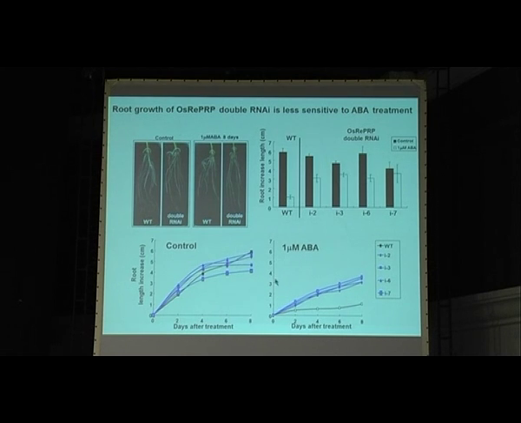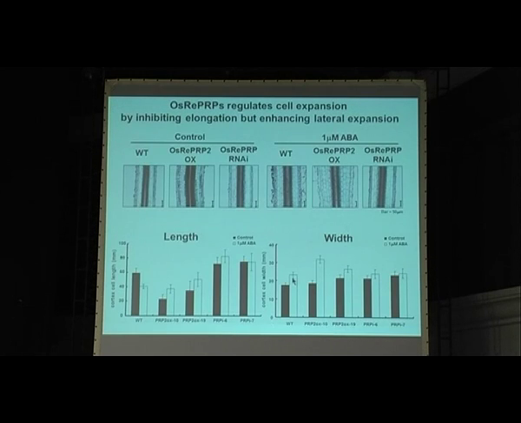If you overexpress this protein, the transgenic rice functions as if ABA is around or stress is around. If you knock down the expression of this protein with the RNAi, then this rice plant does not respond to ABA as the non-transgenic wild type.